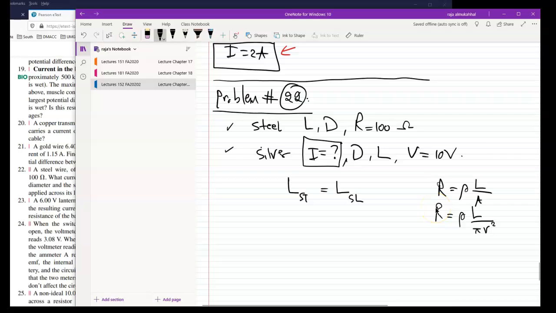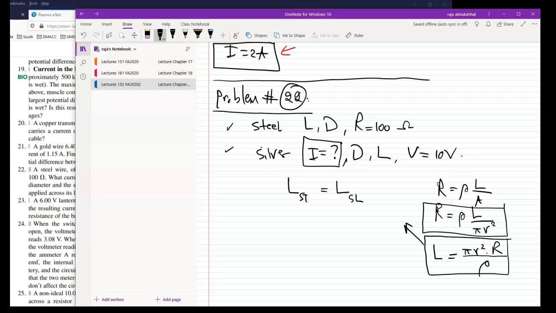So that's the formula that I am familiar with. If I solve for L here, it's going to look something like that: pi r squared, big R, over rho. You see that? So I can take this formula and plug it here.